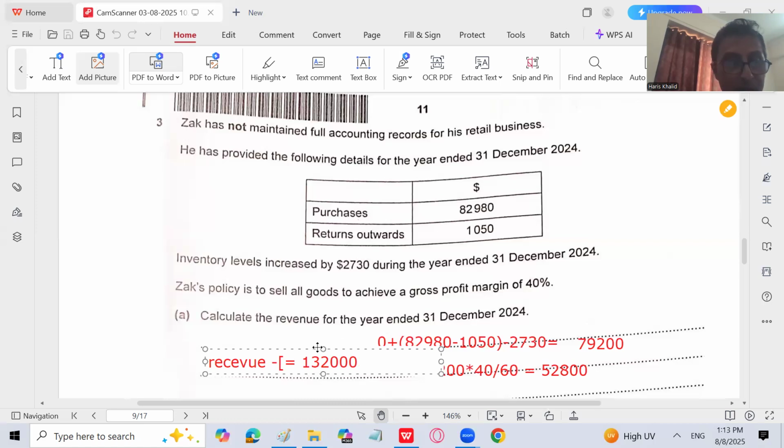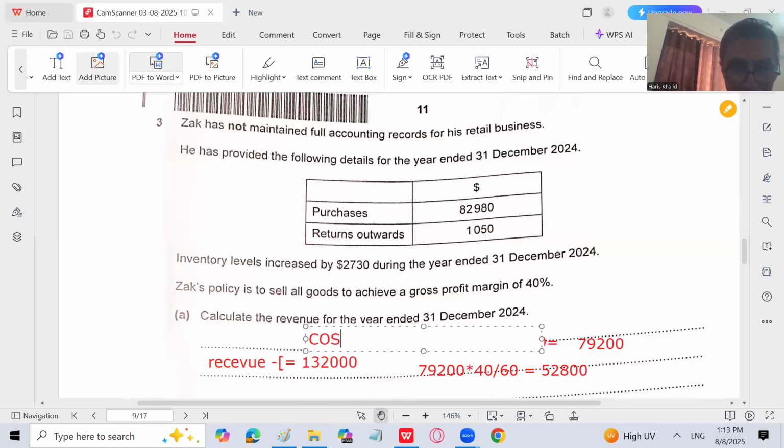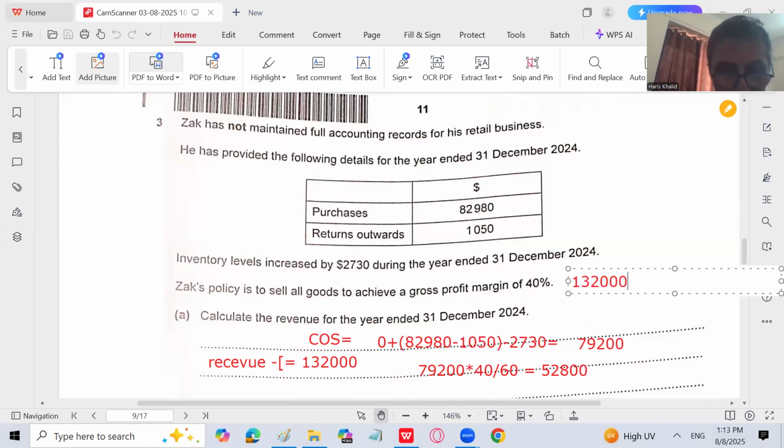This is the cost of sales which we have calculated. Now, if you find 132,000 into 40%, you will get the same answer of 52,800. You can check. But unfortunately, sales was not given at that time. We are supposed to find sales for the solution of the question. So here we are done with this question.